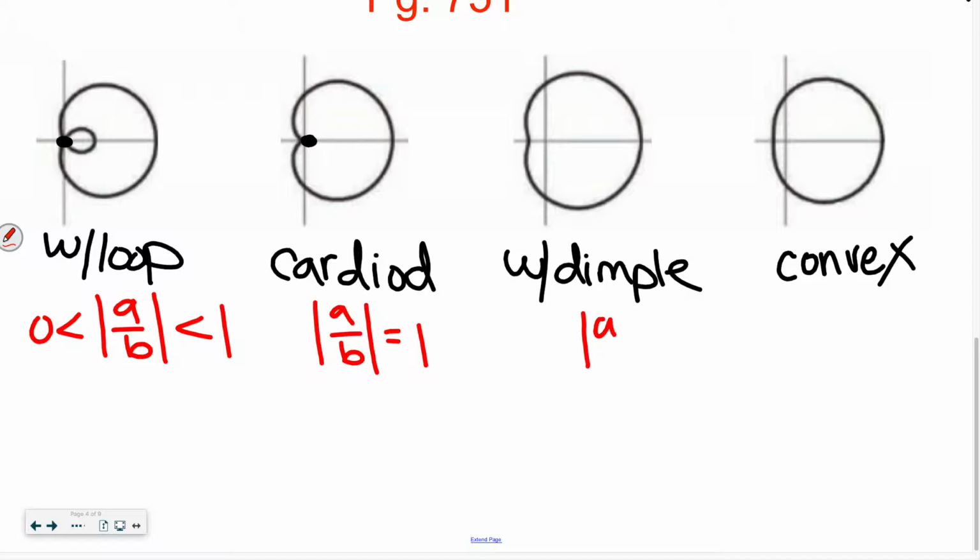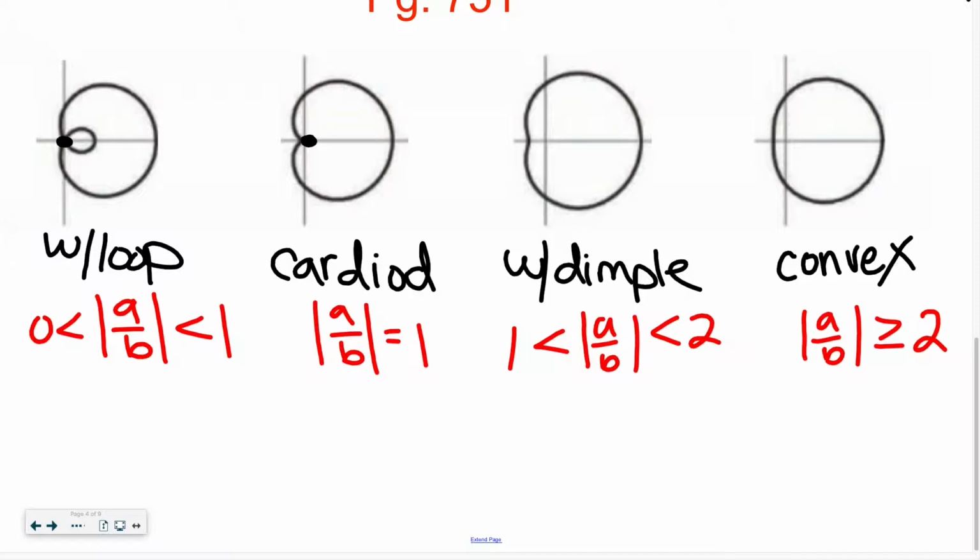If the absolute value of A over B is greater than 1 but less than 2, you get a dimple. And then anything greater than or equal to 2 is convex. So it's like you start with a loop and then you move out to just a heart, and then to a smooth curve inward, and then to convex as the ratio gets larger.